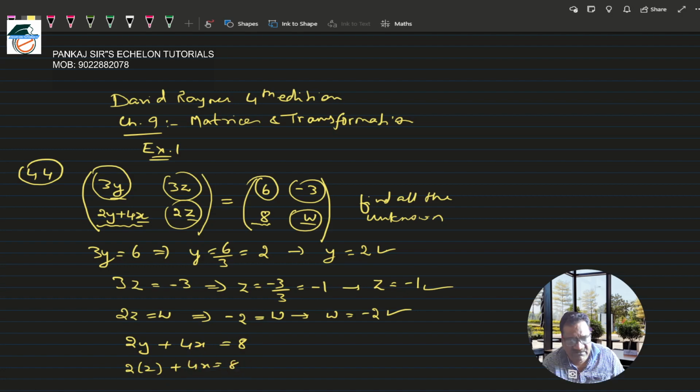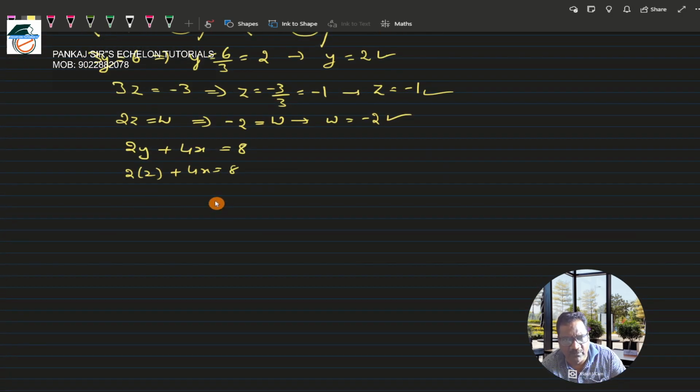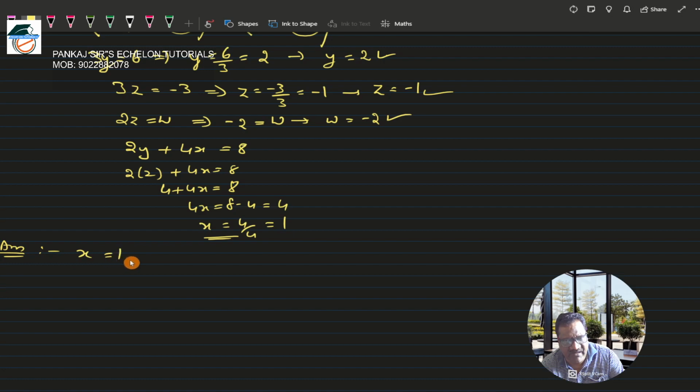So 4 plus 4x will be equal to 8. 4x will be equal to 8 minus 4, which is 4, and x will be equal to 4 upon 4, which is equal to 1. So now I get all the answers: x equal to 1, y equal to 2, z equal to minus 1, and w is equal to minus 2. So these are my answers for question number 44.